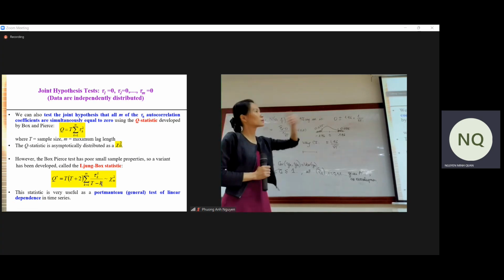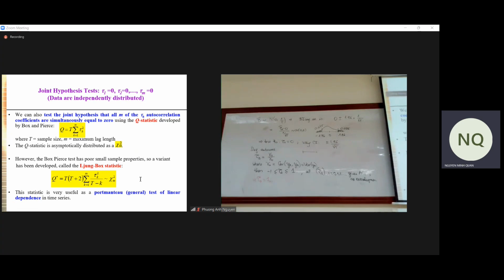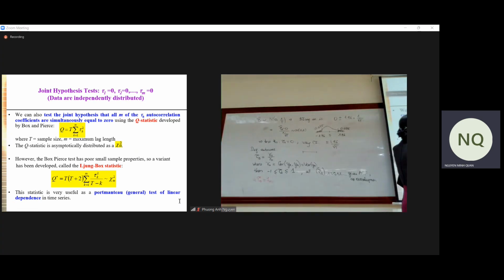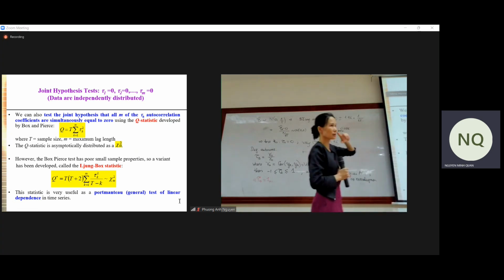You have two versions of the test. They say the second one, Ljung-Box, is better, especially for small sample size. The first test is based on the Box-Pierce statistic.